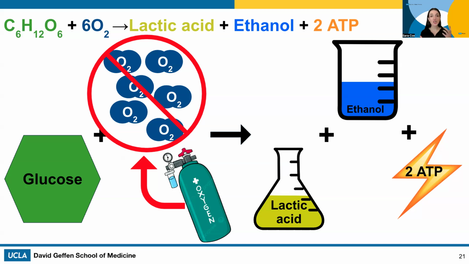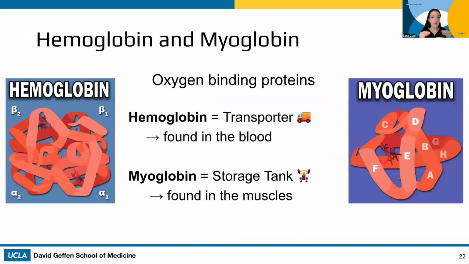Now, if oxygen's so important, then our body must have a way to not only move it around and get it to all of our tissues, but also to store it so we have it available when we need it. We do that through what we call oxygen binding proteins. Two major ones in our body are hemoglobin and myoglobin. The word hemo sounds familiar, right?